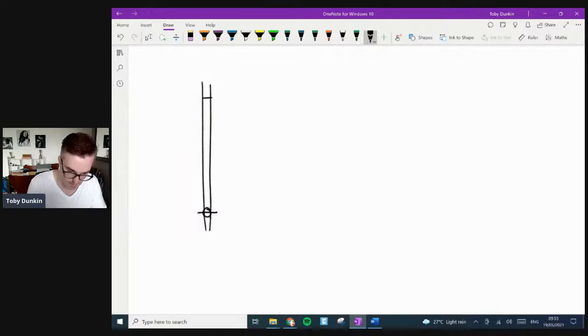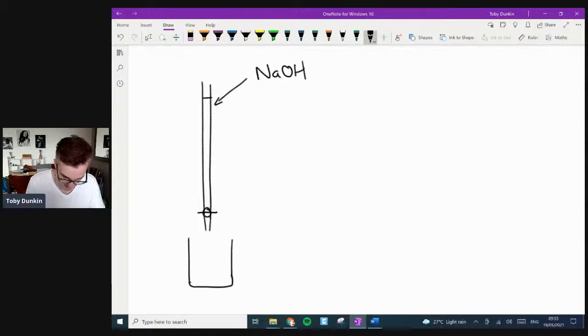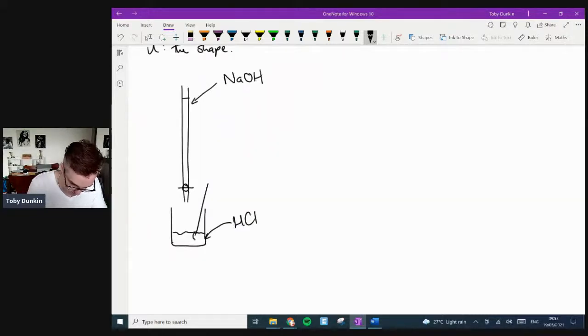We fill the burette with sodium hydroxide. Then we're going to put in a beaker. In the beaker, we now add our acid, our HCl. And what we then have is a pH probe. So this here is a pH probe. Now, what you also need to make sure you have is a stirrer.